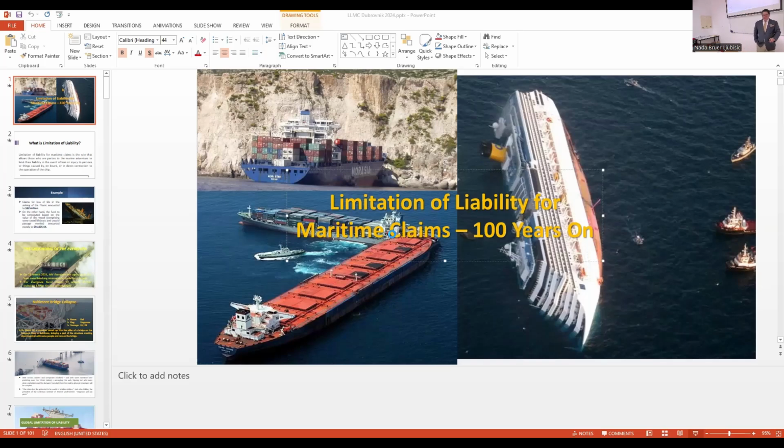Okay. And then you have the liability insurer that will be entitled to limit liability to the same extent as the assured himself. This is quite interesting because if the assured can limit, the ship owner can limit; if the assured cannot limit, the insurer cannot limit. Of course, if the assured cannot limit because of willful conduct, the insurer will not even be liable.